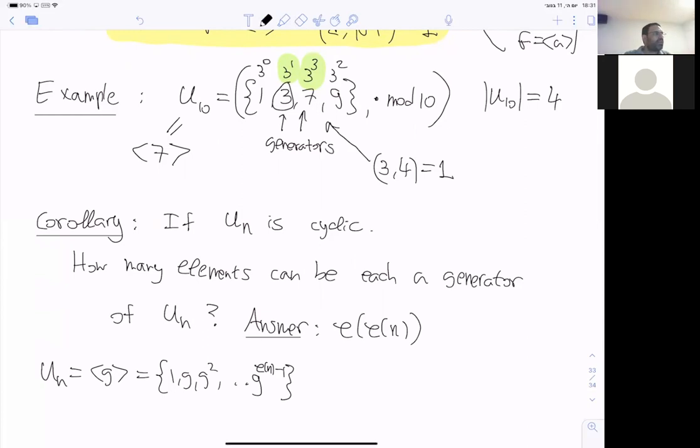Is it clear what I've just said? I mean, phi of n is the order of the group U_n, and the number of powers that are co-prime to this order is phi of phi n. Can you please repeat the last sentence? Yes, the number of elements in U_n is phi n, because these are the invertible elements with respect to multiplication.